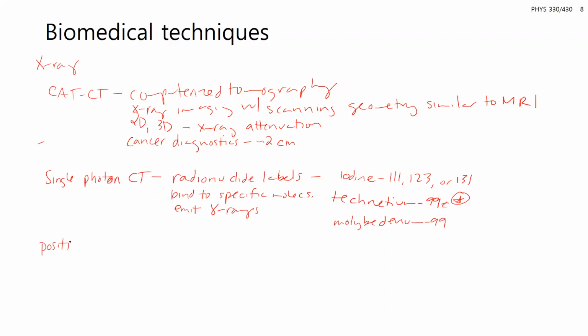A similar gamma ray detection would be positron emission tomography, or PET. So this is using a positron emission instead of direct gamma emission.